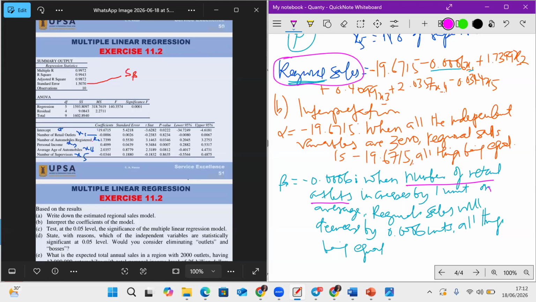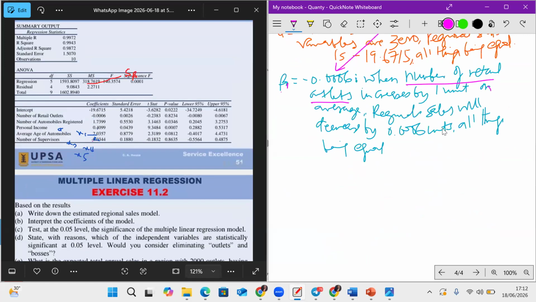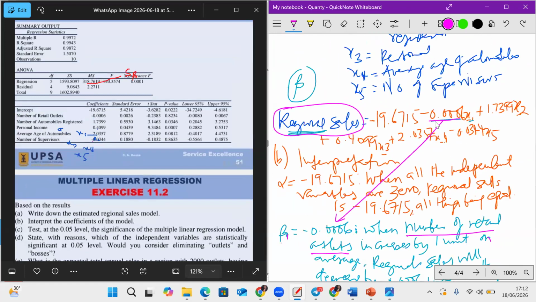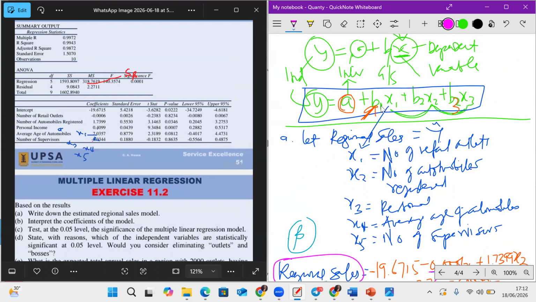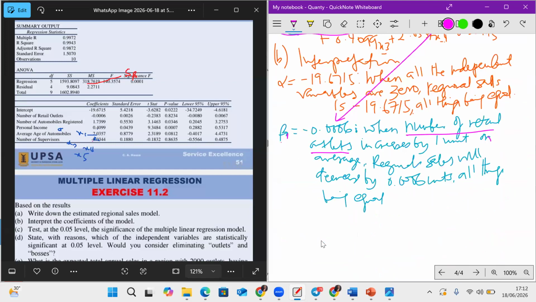So here B1 is the coefficient for X1. What is the coefficient? This is negative 0.006. That's what I wrote here. That's the B1, the same figure. If it's positive I write positive, if it's negative I write negative.